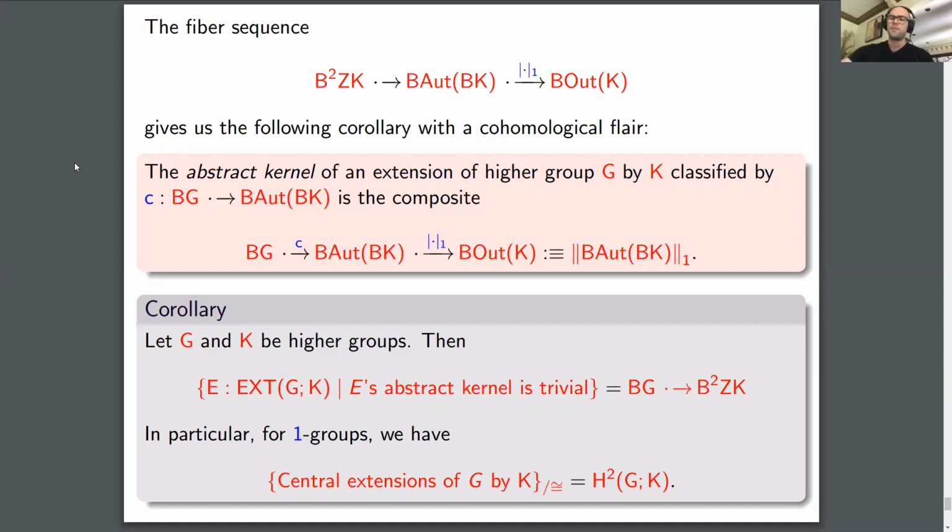So for one groups, if K is abelian, central extensions of G by K are in fact given by the second cohomology group.